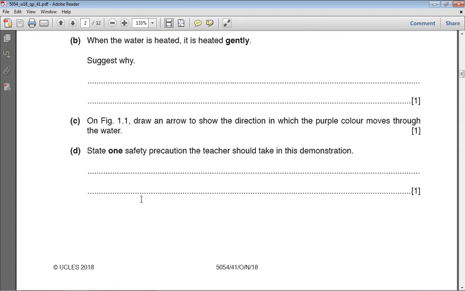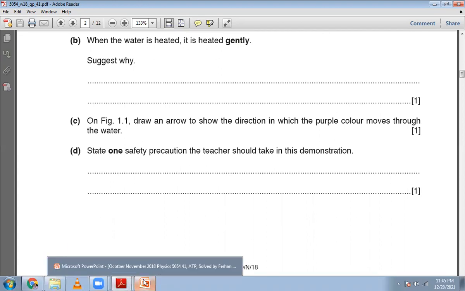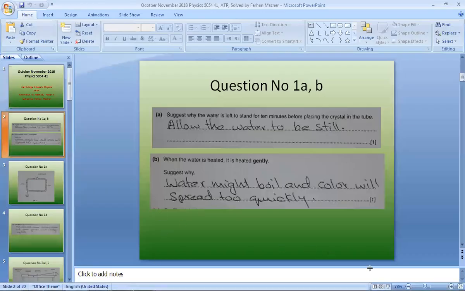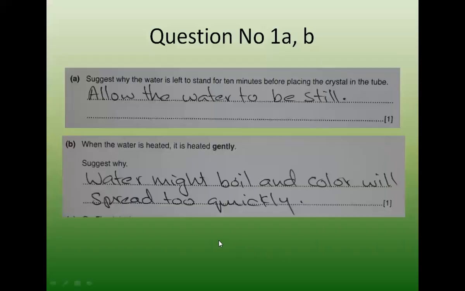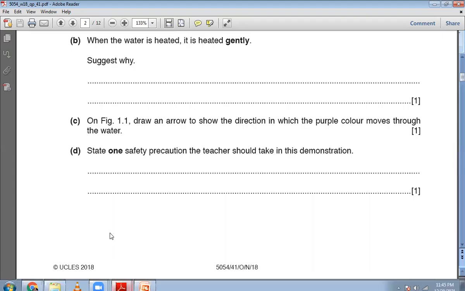So you will not be able to make that observation of the convection currents. We want this process to happen slowly. So my answer is: water might boil and color will spread too quickly in the tube. That's why we are heating it gently.